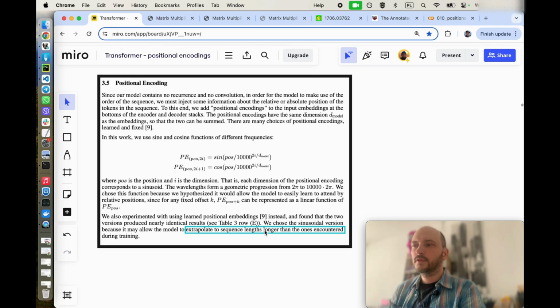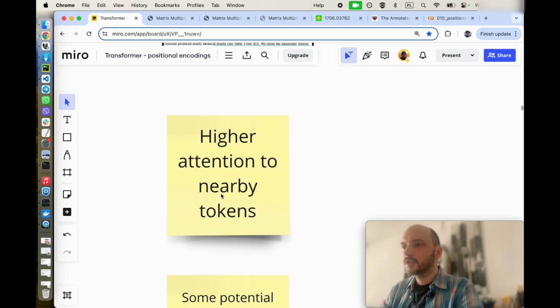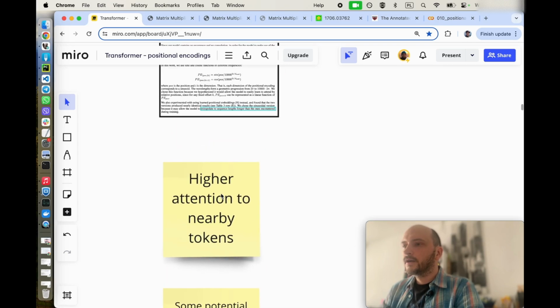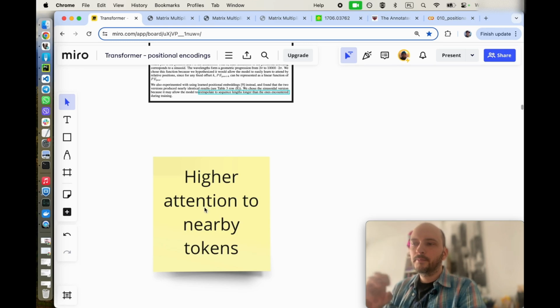So for example, if they trained the model on a sequence length of 1,000 tokens, probably because of these encodings, they will be able to infer on sequences of 2,000 tokens. And yeah, it might potentially work. Then the way they have implemented it amplifies attention to nearby tokens from the beginning, without any learning. I will show you how it works.